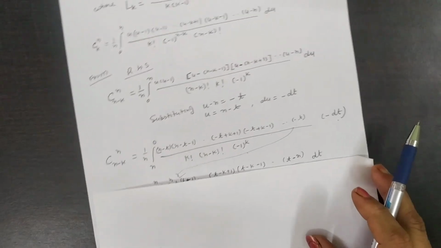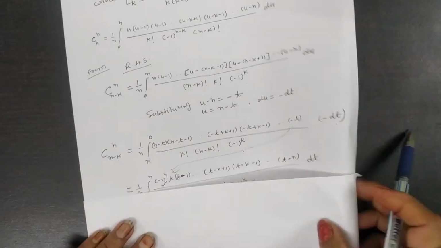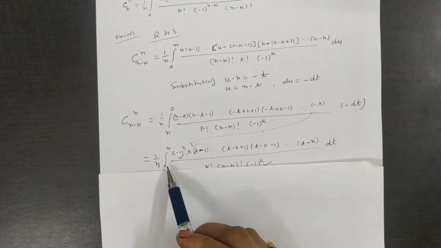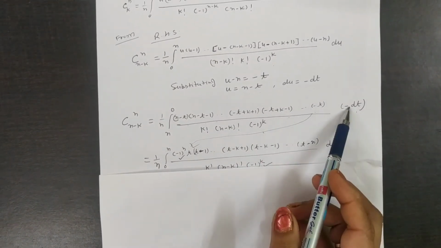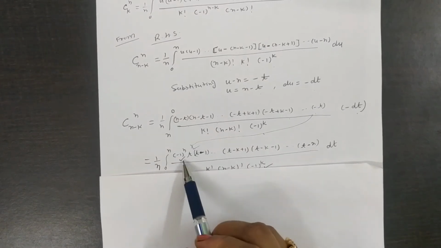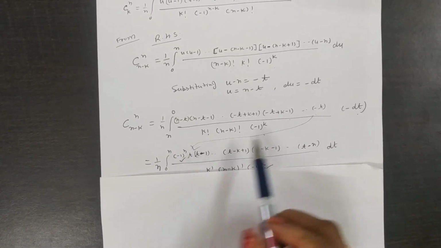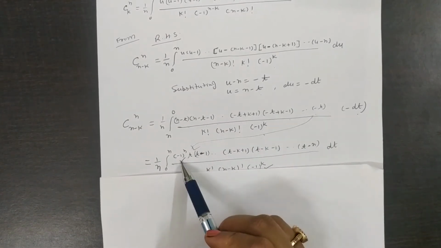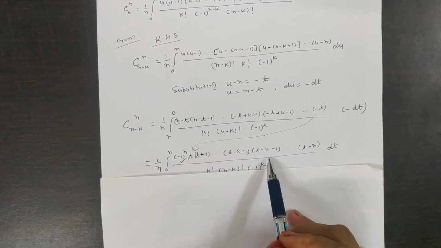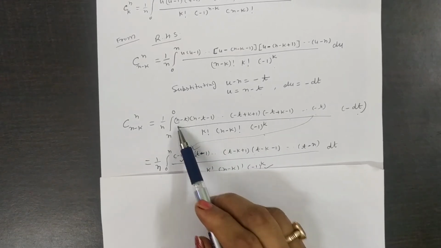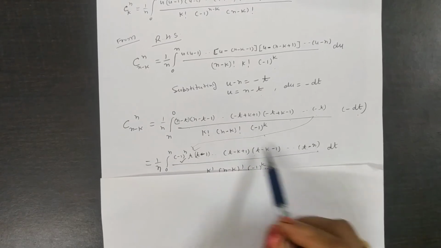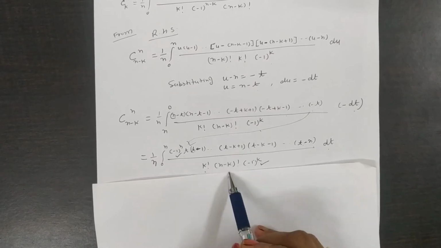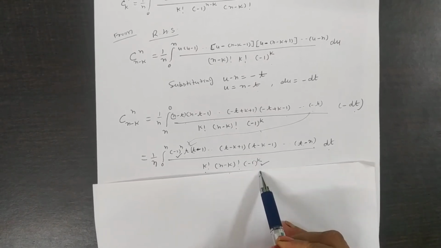In the next step, you see here this one: 1 by n, integral from 0 to n, with minus, here you see this term t, so you take (-1) to the power n, and the last term is (t-n), so t minus n is here, with dt, and the denominator factorial k, factorial (n-k), and (-1) to the power k.